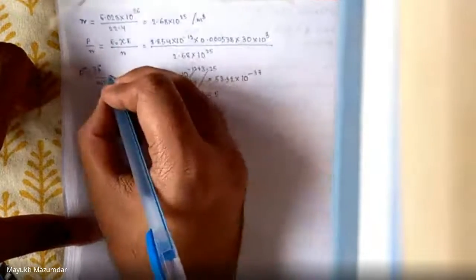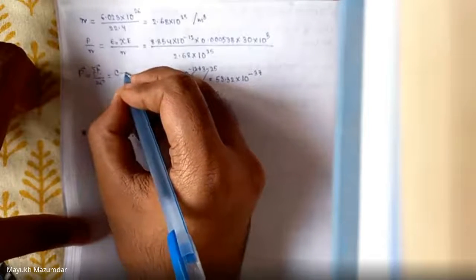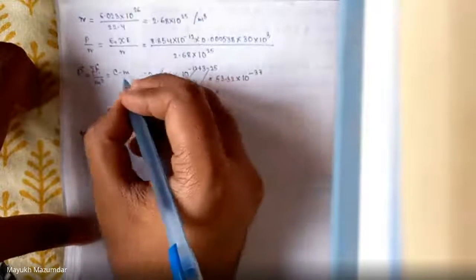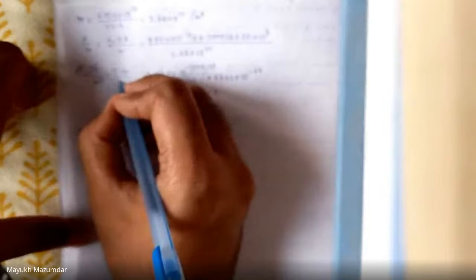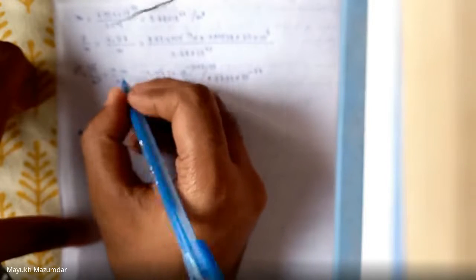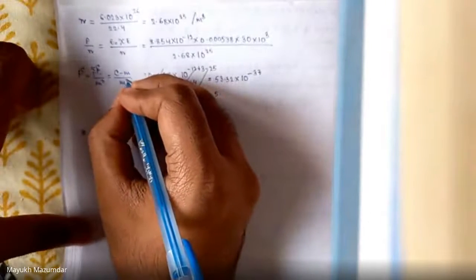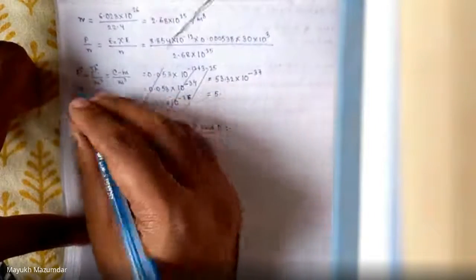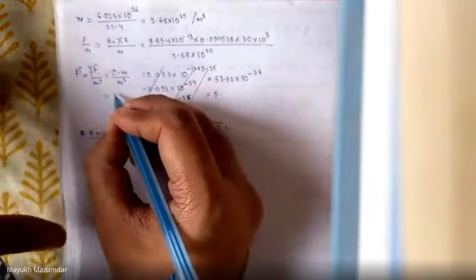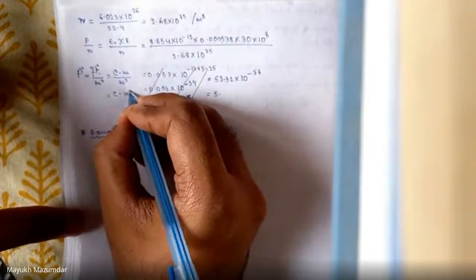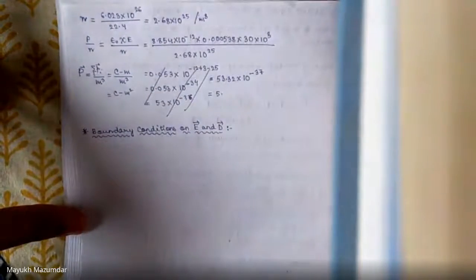What is dipole moment? Charge into length, so coulomb meter. I divided this by meter cube. So what was the unit of polarization? Coulomb per meter square.